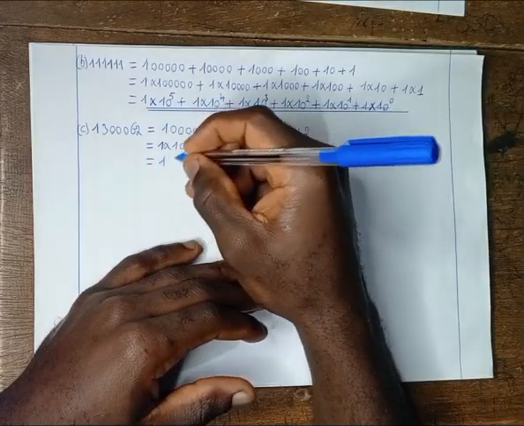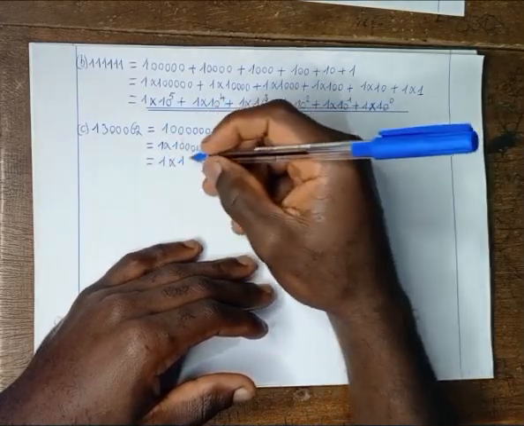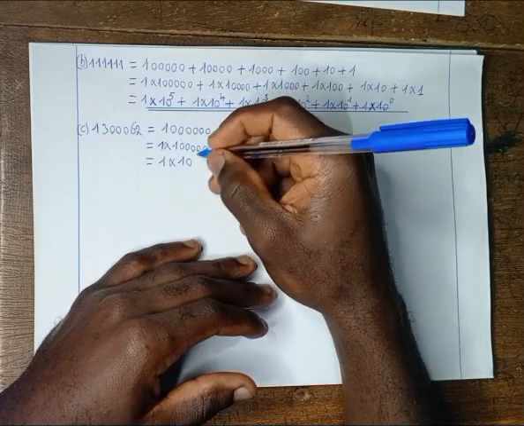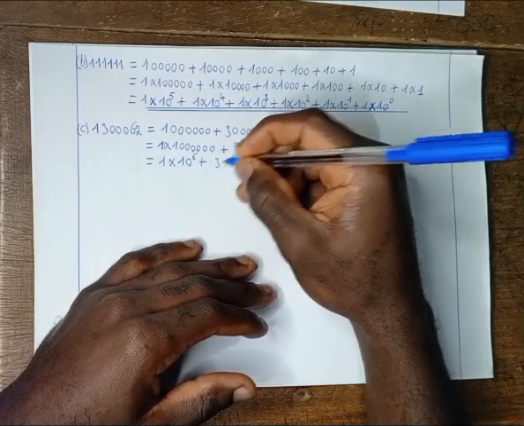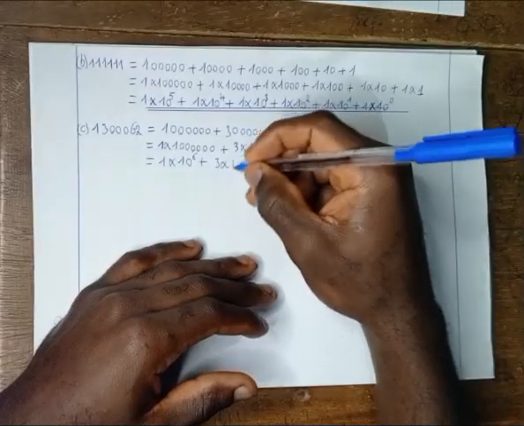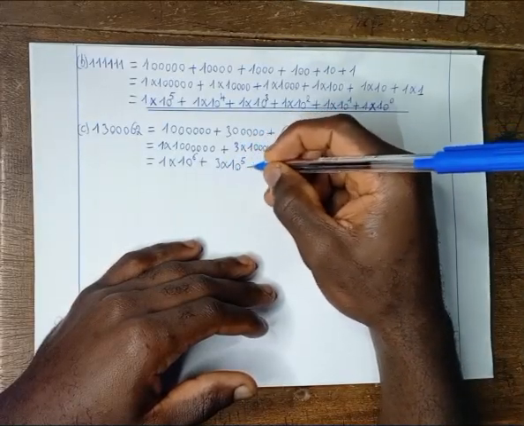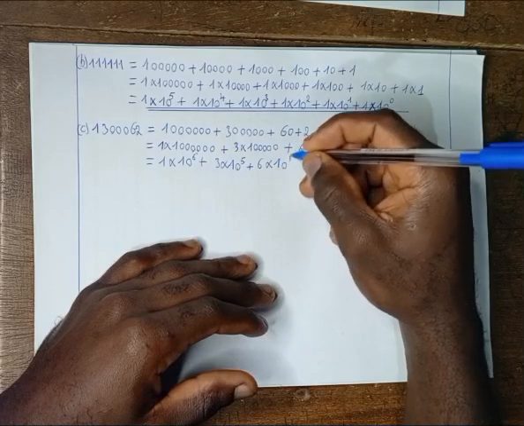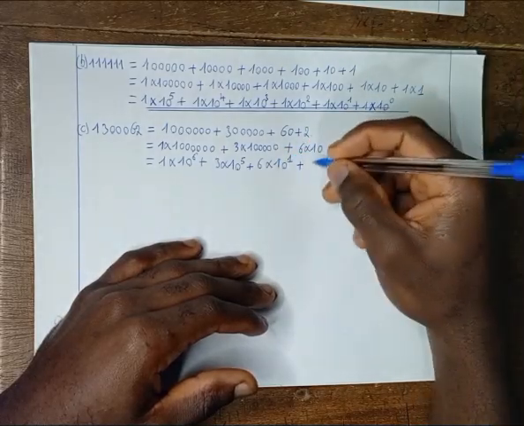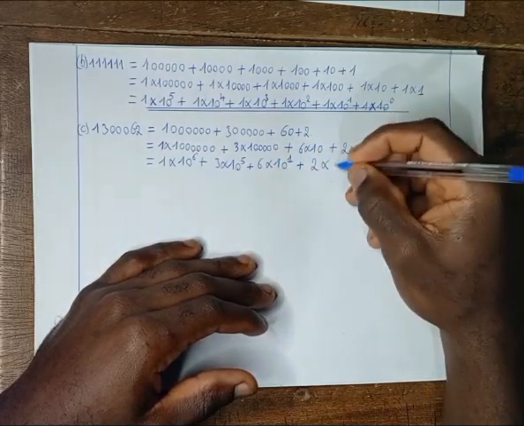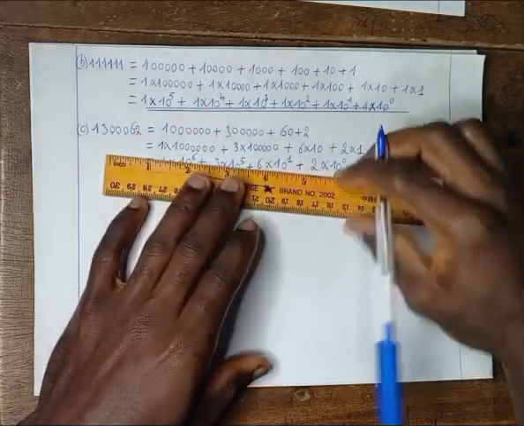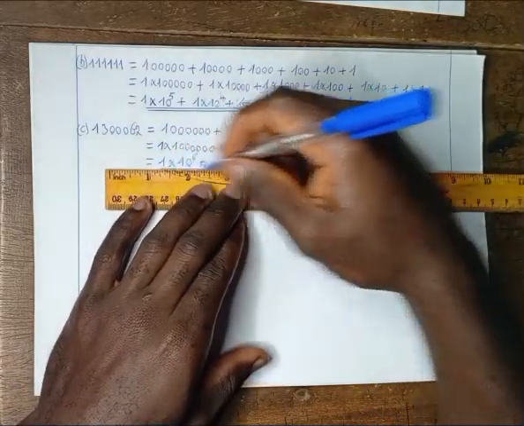We know this is simply equal to 1 times 1 million is simply 10 to the power 6 plus 3 times 100,000 is simply 10 to the power 5 plus 6 times 10 is simply 10 to the power 1 plus 2 times 1 is simply 10 to the power 0. Underline our answer.